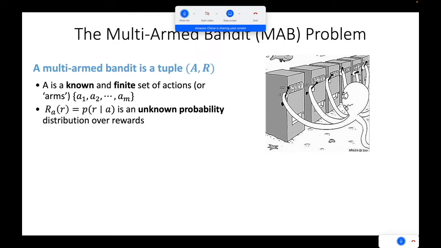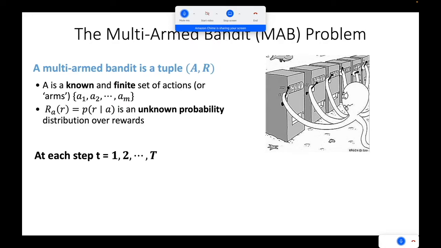And depending on the way the casino is wired, you might get a reward by pulling a lever. That set of all possible rewards is determined by capital R. So A is a known and finite set of actions, and R is an unknown probability distribution over rewards, which is conditioned on the action taken.